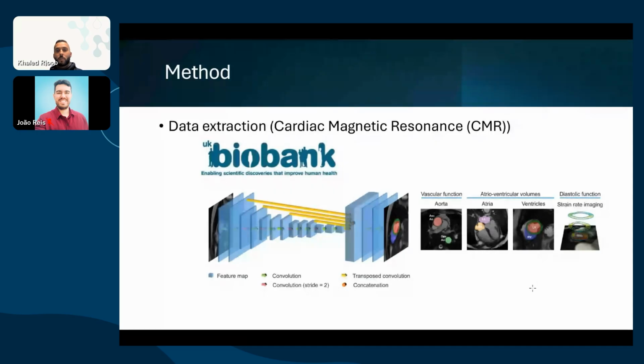From those images, we extracted structural features of our heart using a convolutional neural network. Those features are called CMR features. I will be using the term CMR features very frequently in my presentation, which refers to the features extracted from the cardiac MRI images.